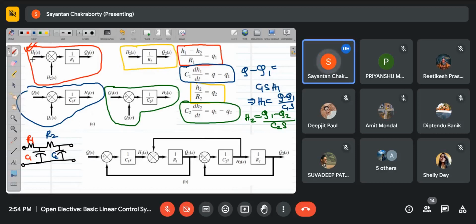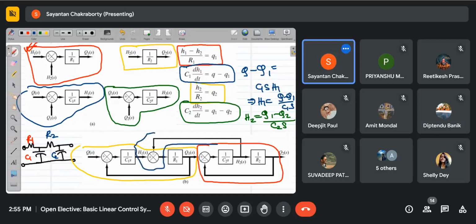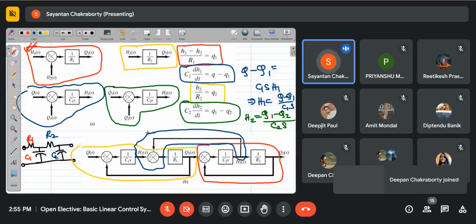So now the problem is I can identify two very simple feedback loops, one over here, another over here. But the catch is this loop is basically joining, or doing a liaison between, these two loops.